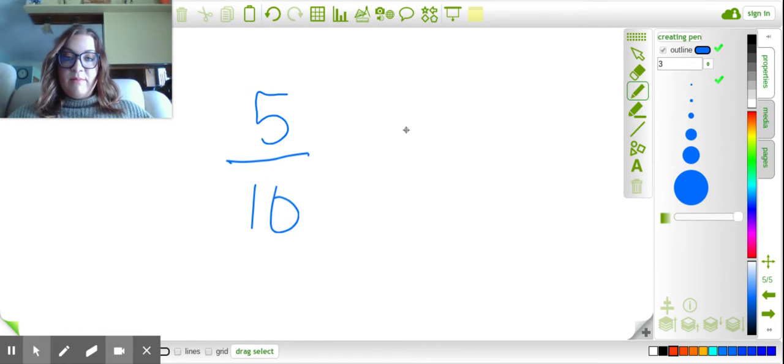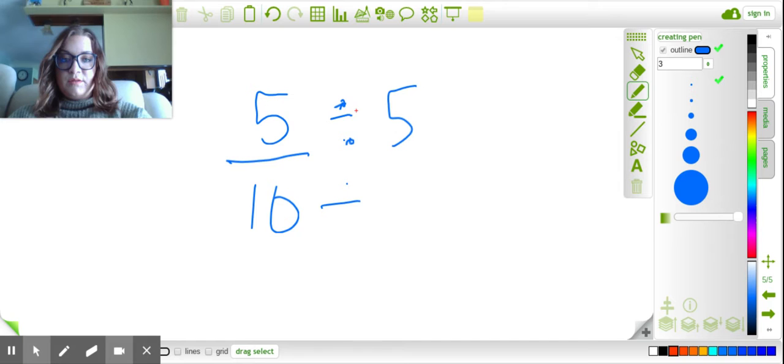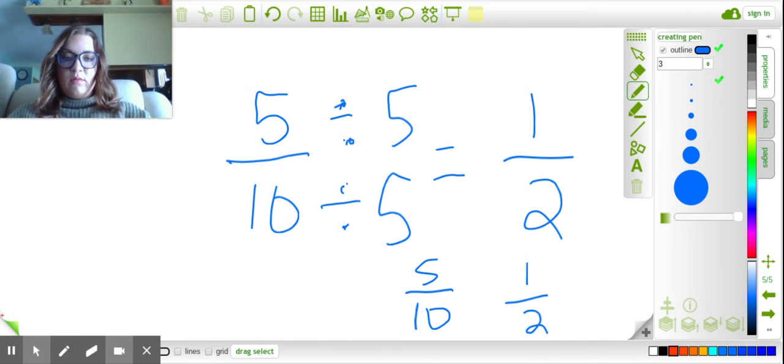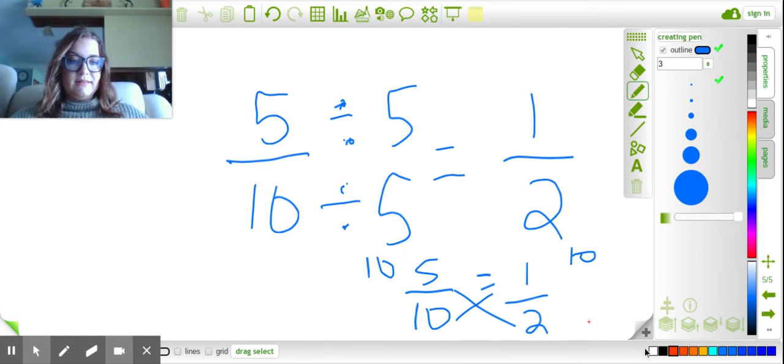So I could divide both of these by 5 to simplify it or make it smaller. So 5 divided by 5 equals 1. 10 divided by 5 equals 2. So 5/10 is equivalent to 1/2. We could cross multiply to check. Both are 10, so they are equivalent.